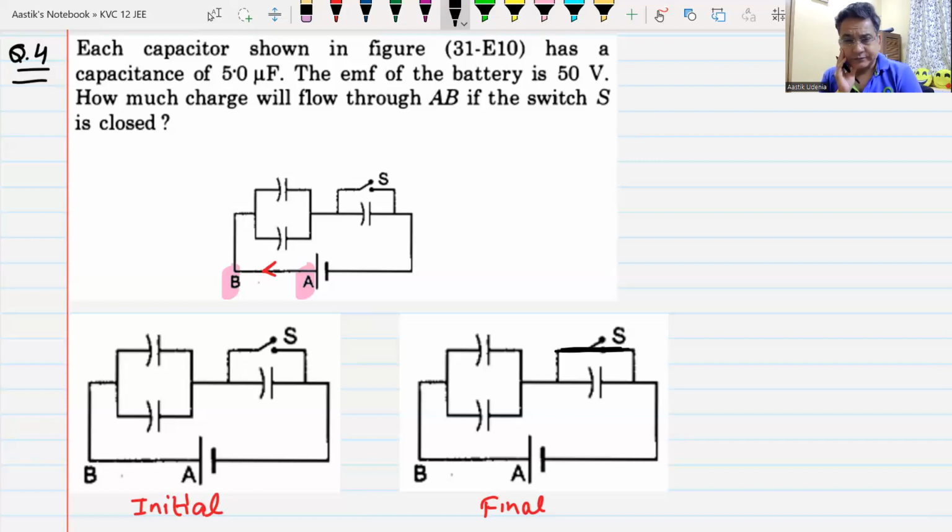No one knows it? There are three capacitors here. Can you tell me what are the charges coming on the three capacitors?